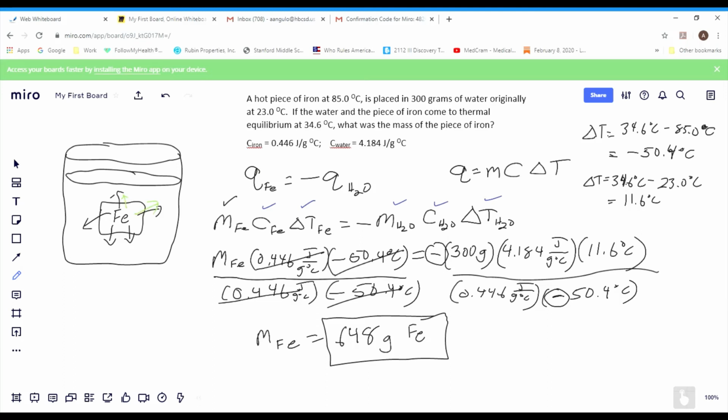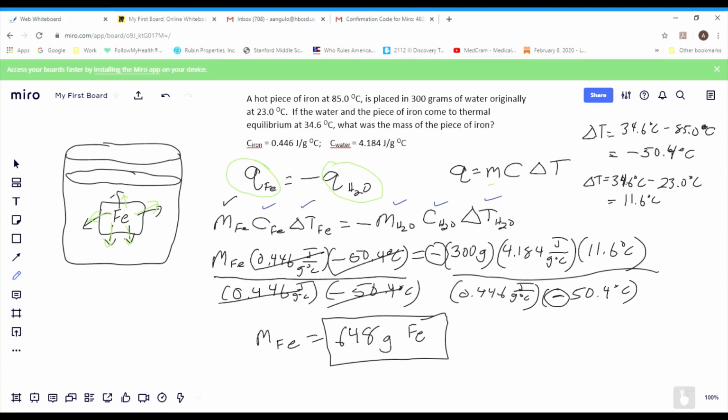We're trying to take into account the fact that iron lost energy and water gained it. So Q for the iron is equal to minus Q of the water. Whatever energy was lost, in other words, iron had a negative Q, and the negative of negative is positive, so water had a positive Q.